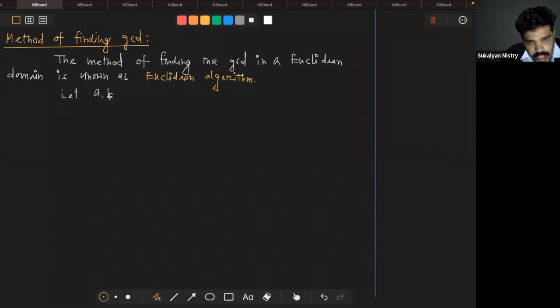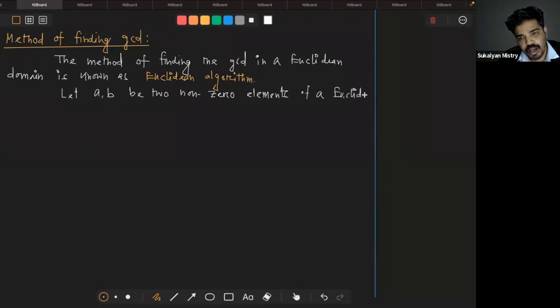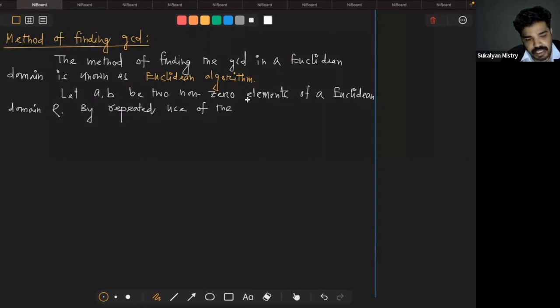Let a and b be two non-zero elements of a Euclidean domain R. By repeated use of the division algorithm.